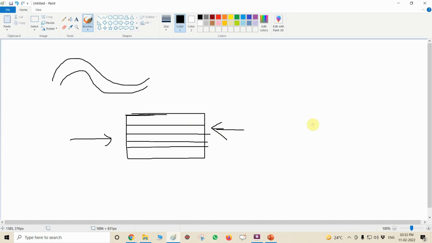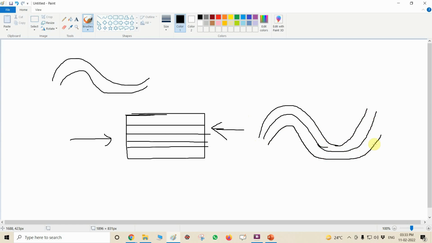So what will happen? Just like if there is a book and you are pressing from both sides, it will bend like this, or it may have another flank. This structure is called a fold.